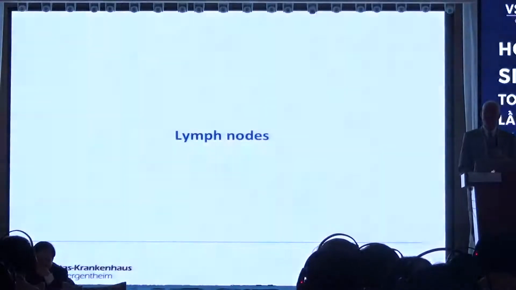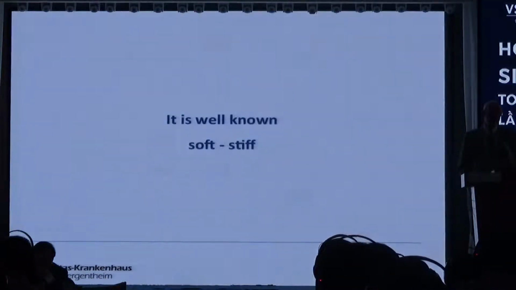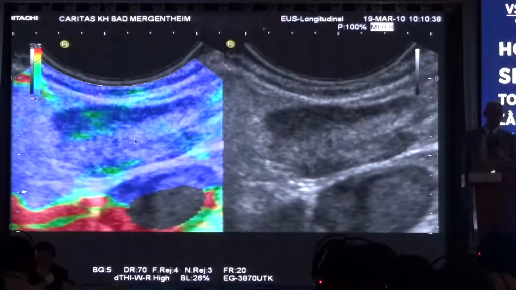Lymph nodes. It is well known that somewhat diffuse infiltration of a malignant lymph node might be stiffer than the surrounding tissue.